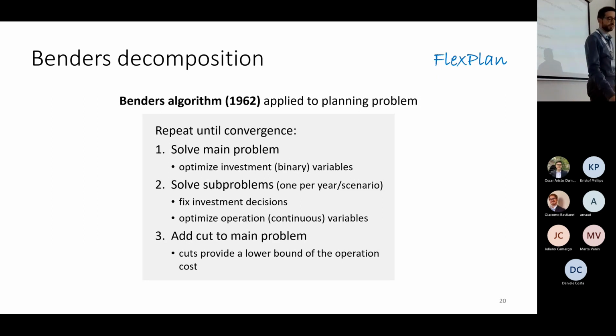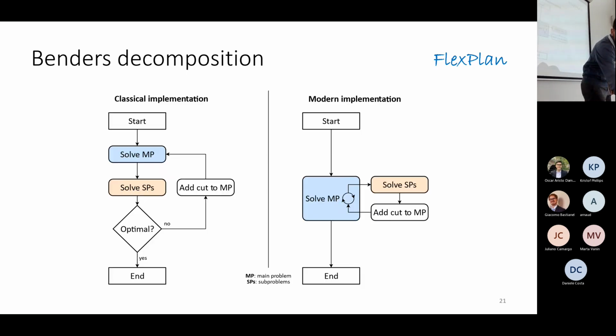This iterative procedure can be implemented in two ways. The easiest one considers the solver as a black box. So we first solve the master problem, then solve the subproblems. We check if optimality is reached. If not, we add a cut to the master problem, and we start the procedure again.